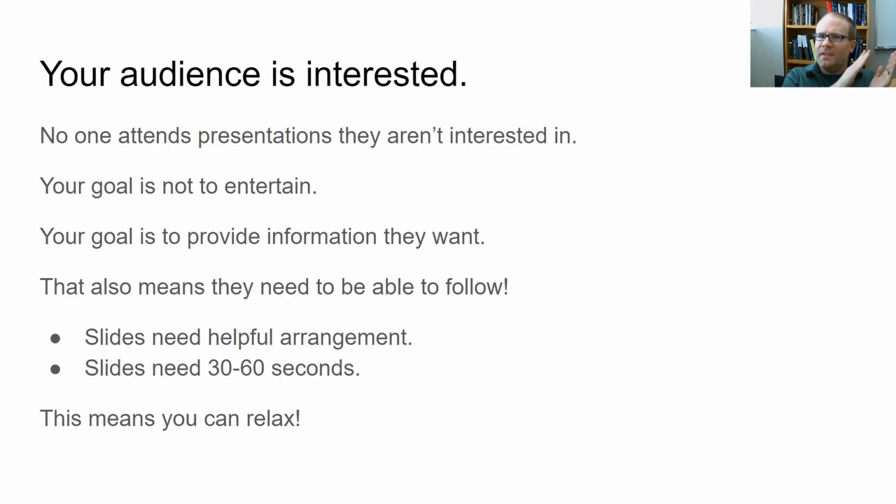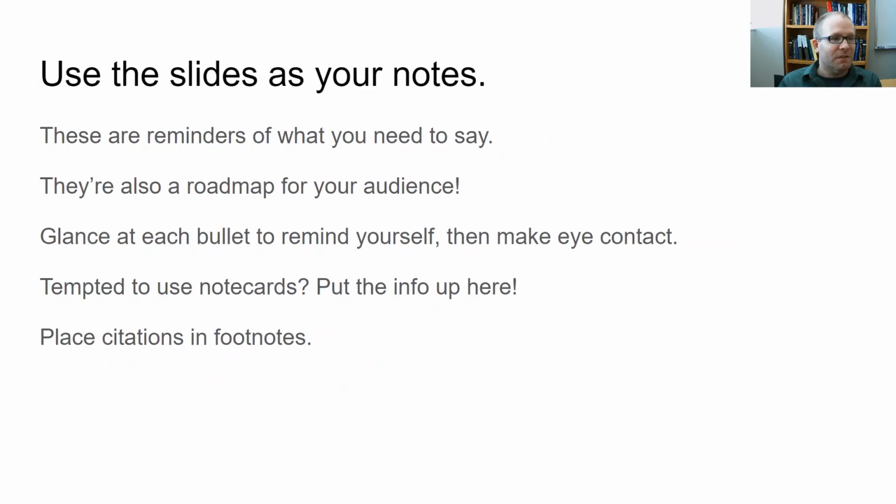Anything less than 30 and the slides are flying past too quickly, anything more than 60 and the talk is kind of dragging on. Most importantly, though, the fact that your audience is interested means you can relax. You don't have to prove yourself to them. You don't have to entertain them. You are there to give them information that they have come to receive.